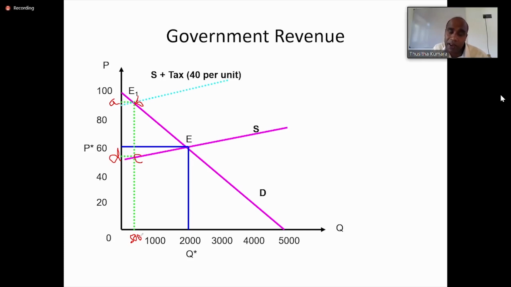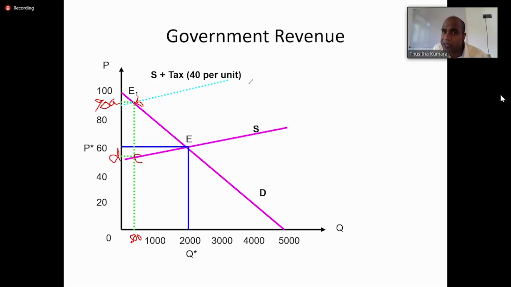Quantity will be 500. Now we know in the market 500 units will be sold, and the market price will be somewhere like 90. Let's say this is 90. And now we know the amount of tax per unit. Tax per unit is 40 rupees.